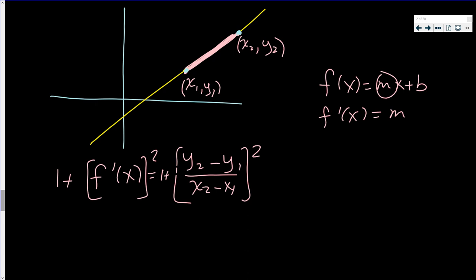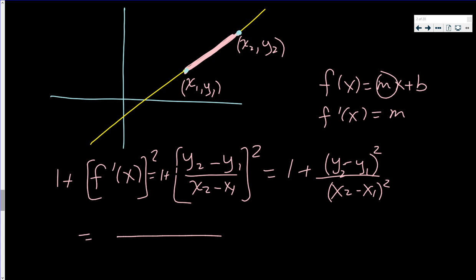Okay, well, let's see what we're really adding the 1 to. It's going to be y2 minus y1 squared over x2 minus x1 squared. And the common denominator is going to be x2 minus x1 squared.